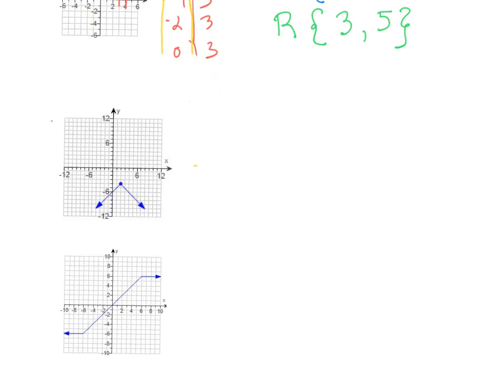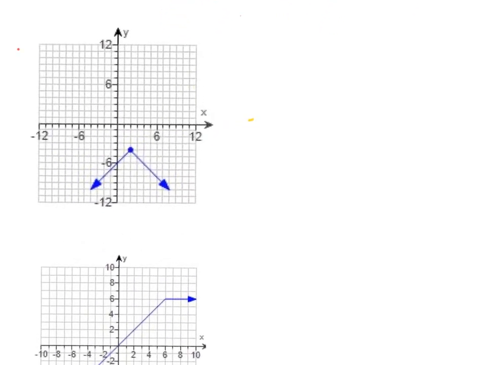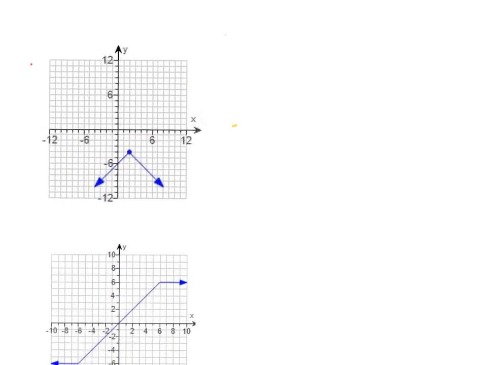If we look at this graph here, this is one that is connected. It has points that are connected, has arrows on the ends, and so we treat it a little bit differently when we go to look at the set of the domain and the set of the range numbers.